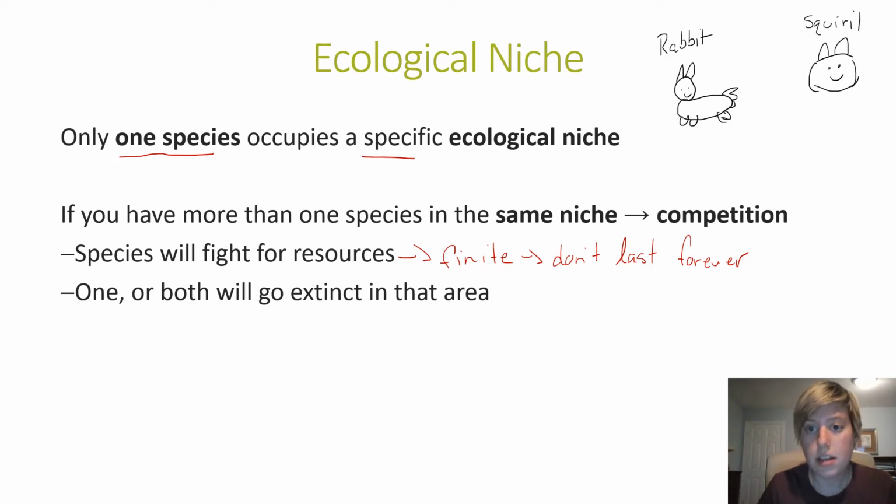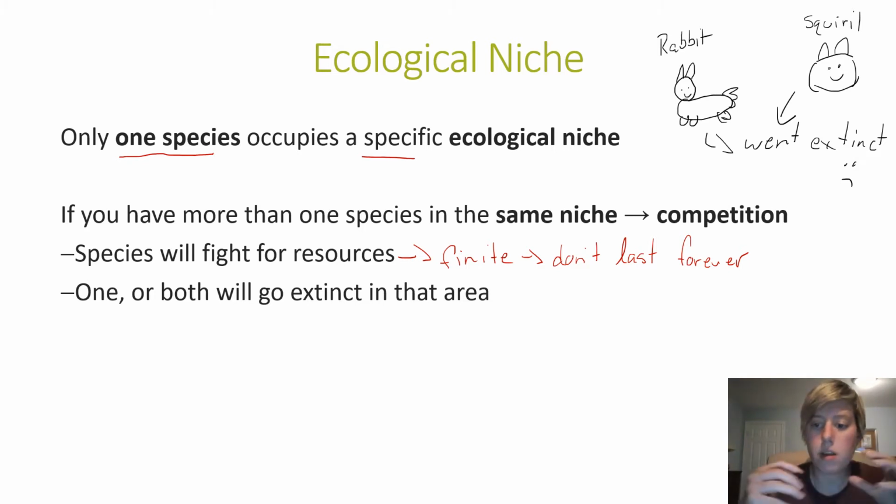So basically they both went extinct. Sad. And that's what's really important when we're talking about ecosystems and the different species that we have in them, because they have specific food sources, because they have specific times where they're active, you don't have an overlap. If there is an overlap, you will have competition and you will have species extinction.